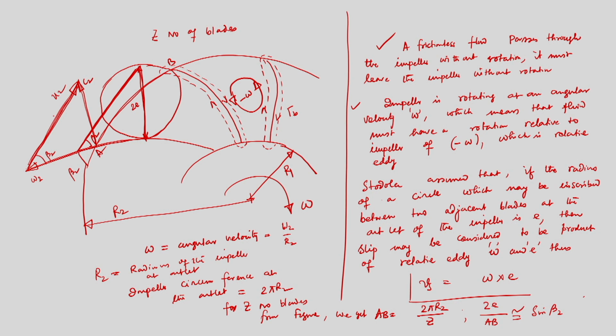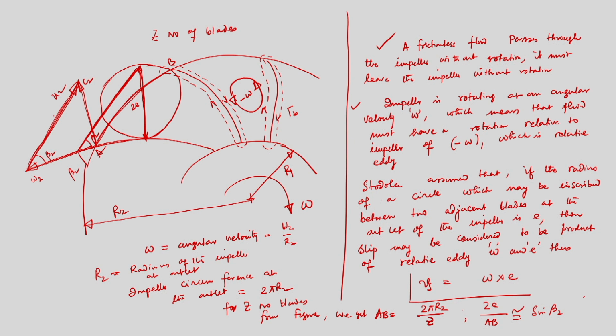So, we have tried to obtain a numerical expression of the slip velocity using Stodola's model, and if we go back, we have seen that this is the circle. Here this is the portion of the length along the periphery of the impeller between two blades, which is nothing but 2 pi r2 by z.